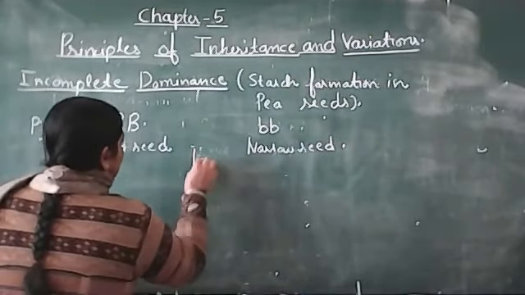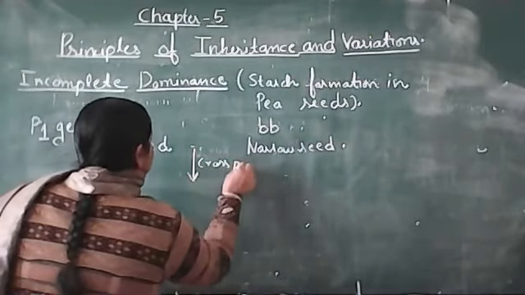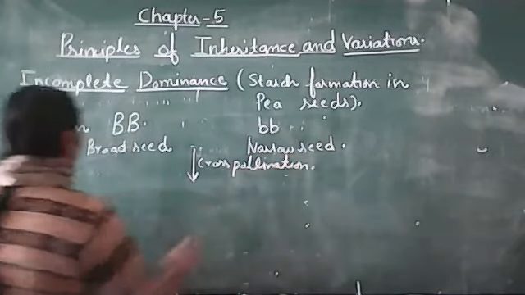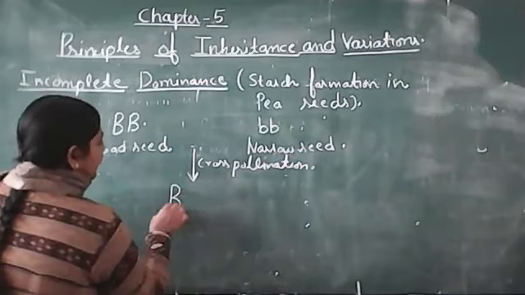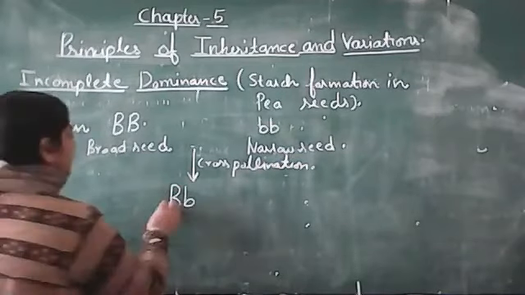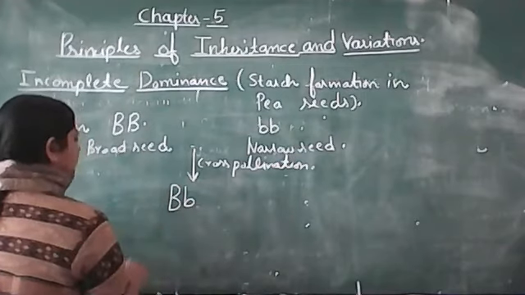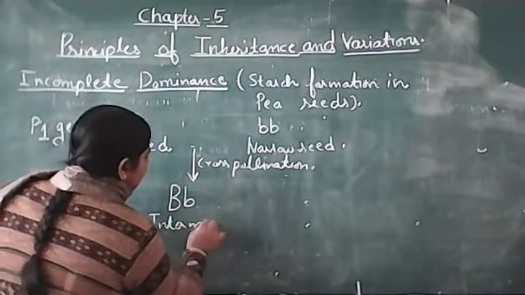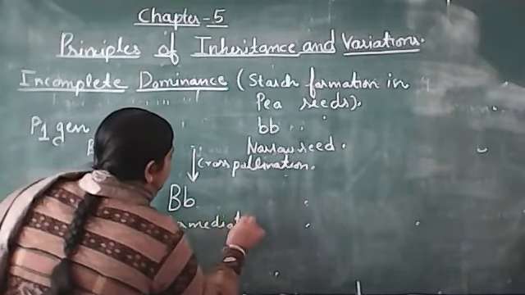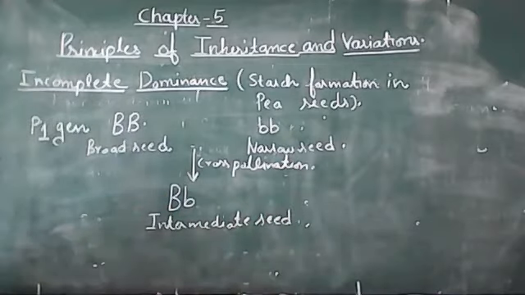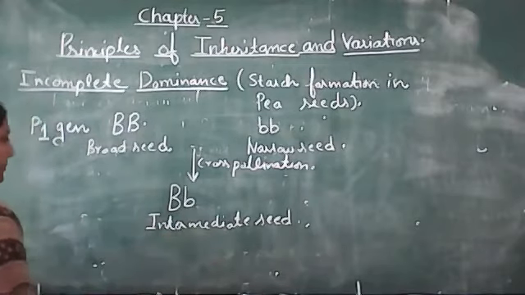After doing cross pollination, what do we obtain? We obtain one capital V and one small v. These are seeds which have intermediate size, and these intermediate size seeds have some average amount of starch.